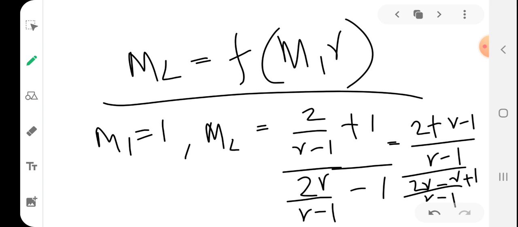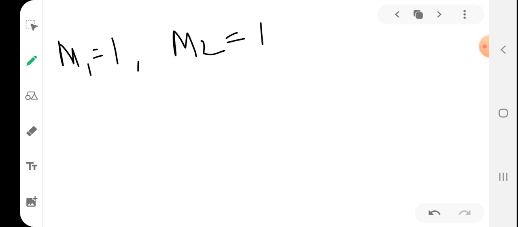The denominator gets cancelled, and 2 plus gamma minus 1 is gamma plus 1. This is gamma plus 1 and this is gamma plus 1, right? So this will yield M2 is equal to 1. So when M1 is 1, M2 is also 1.